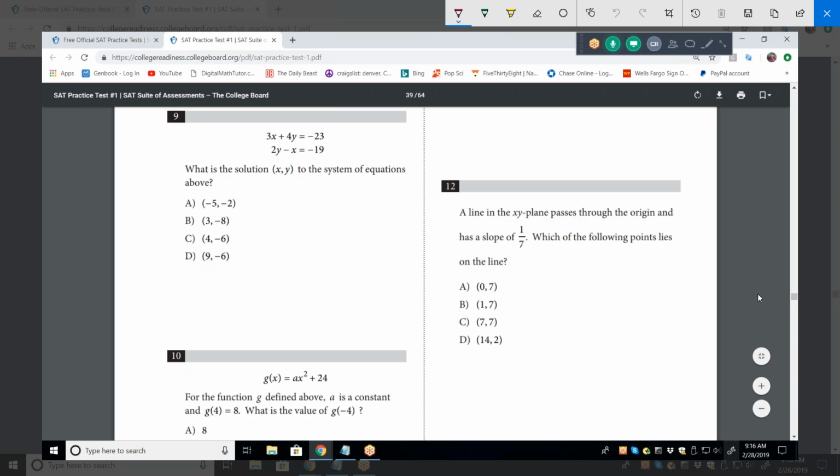Systems of equations. Remember studying these? Yeah. What 2 methods can you use? Substitution, elimination. Okay. What should we use on this one?